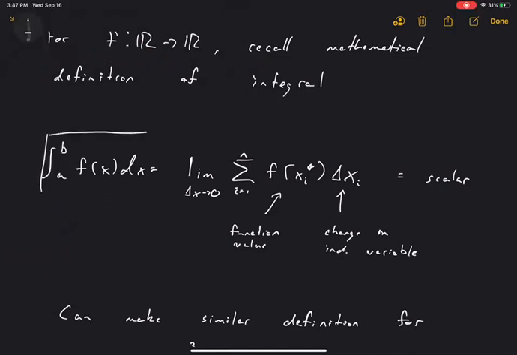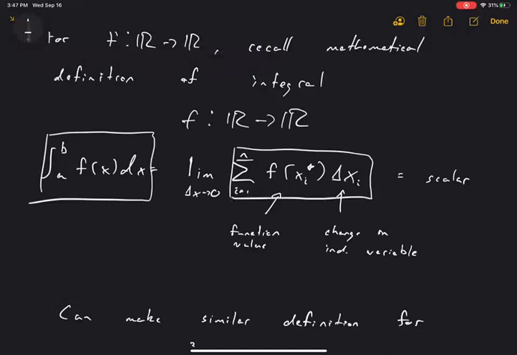Okay, so what is the integral when I have f from R to R? Let's talk about this limit a bit more in depth. Well, I start with a finite sum. I have some interval from A to B, and I chop that interval up into pieces.